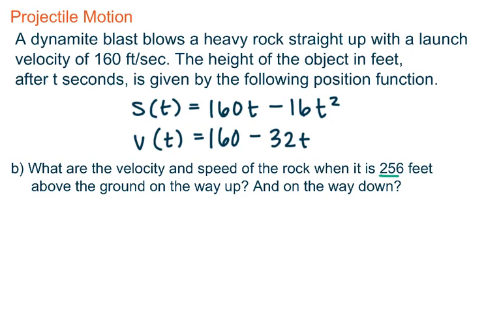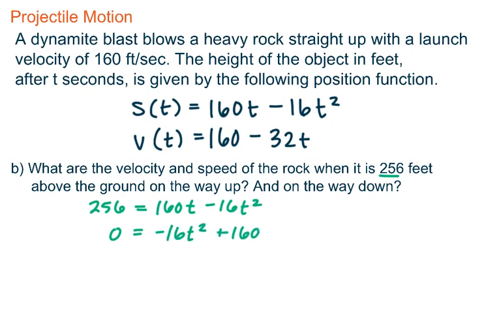All right, so to do this problem, we're going to say 256 equals my height. S of t is 256, which means I have 160t minus 16t squared is equal to 256. So this is a quadratic equation. I need to solve this equal to 0. So we have 0 equals negative 16t squared plus 160t minus 256.